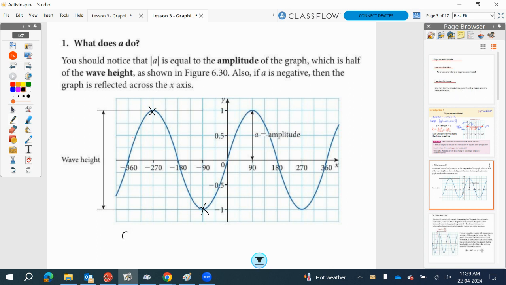So we say that A is equal to the maximum minus the minimum, divided by 2. We would take the absolute value because we literally want this length here, maximum minus minimum. Then we halve it, and it will give us the amplitude. The wave height is the absolute value of maximum minus minimum.